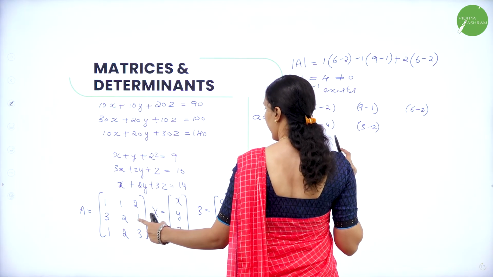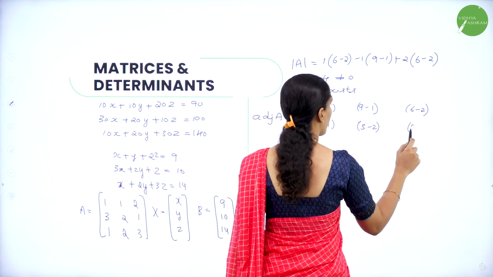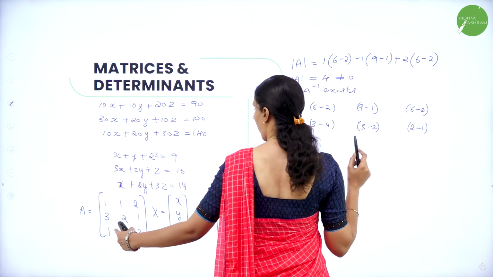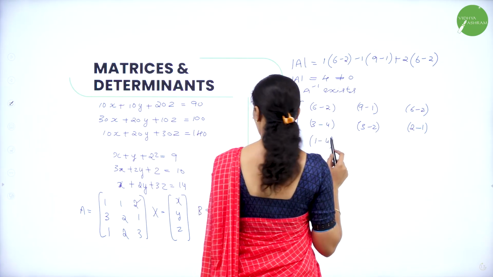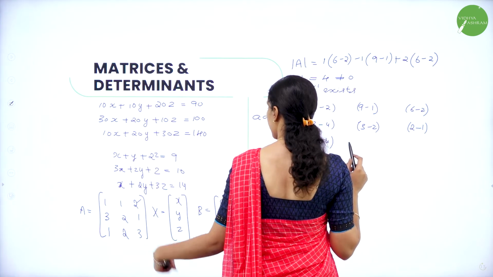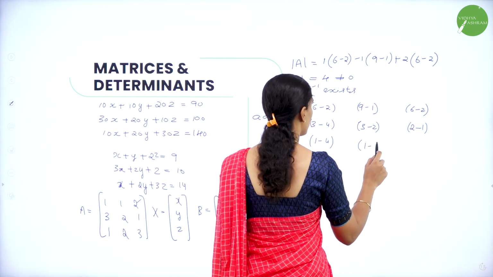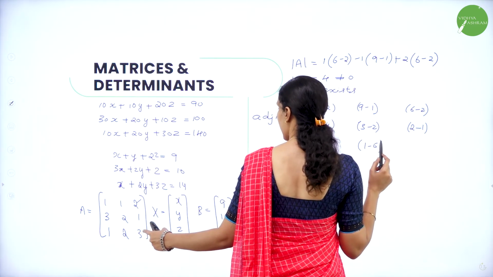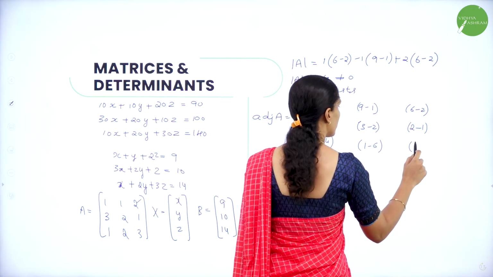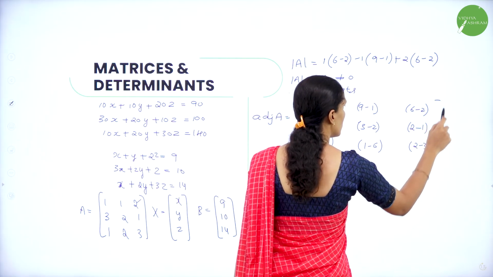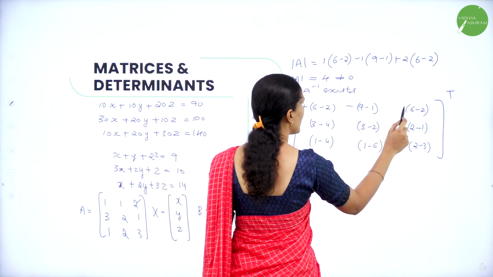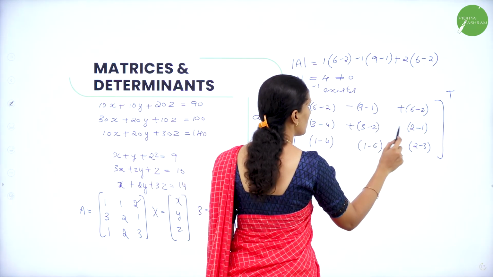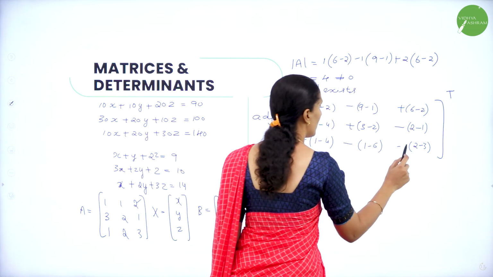Next, for 1, it is 2 minus 1. Next, for 1, it is 1 minus 4. Next, for 2, it is 1 minus 6. Next, for the last 3, we have 2 minus 3. So, transpose of this matrix, put the sign plus, minus, plus, minus, plus, minus, plus, minus, plus.